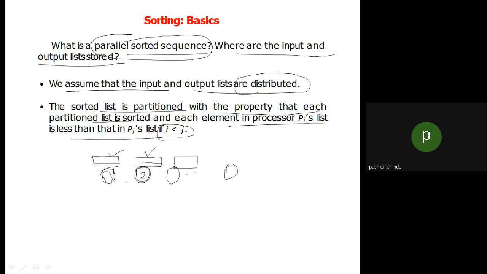For Pi less than Pj, that means 1 is less than 2, so P1's list will be less than P2's list. Similarly, P2's list will be less than P3's list. That way the sorted output will be there on the parallel platform.